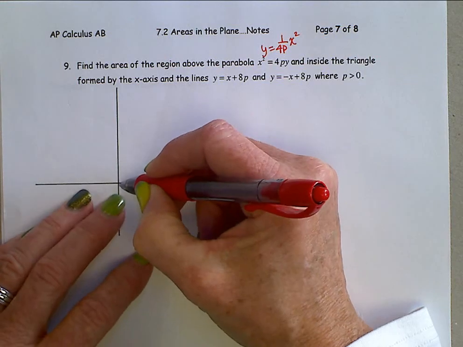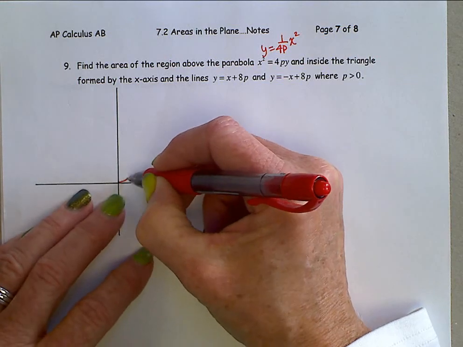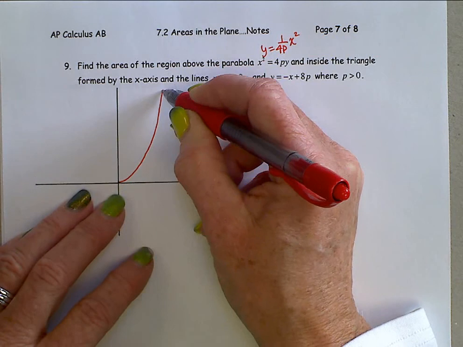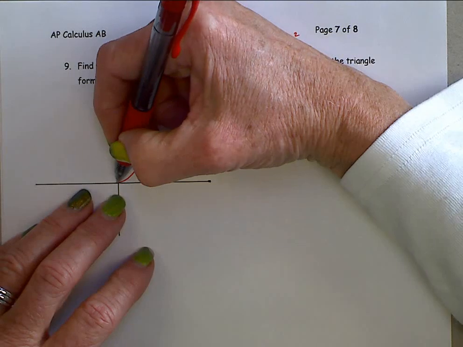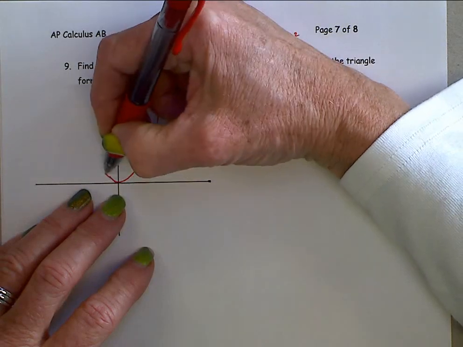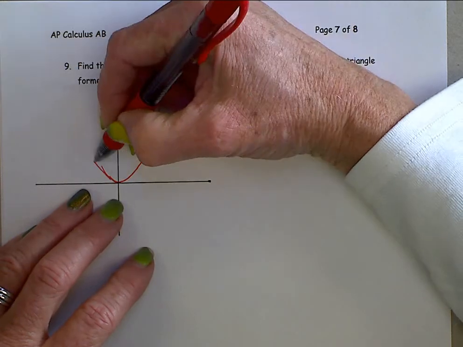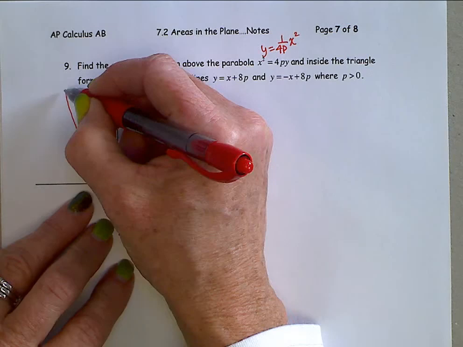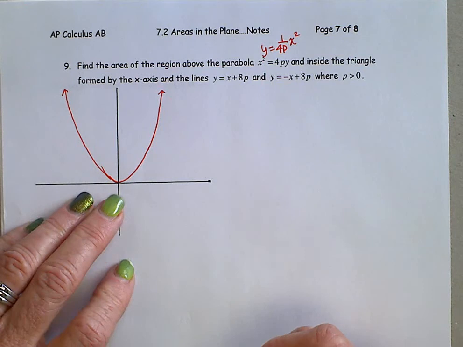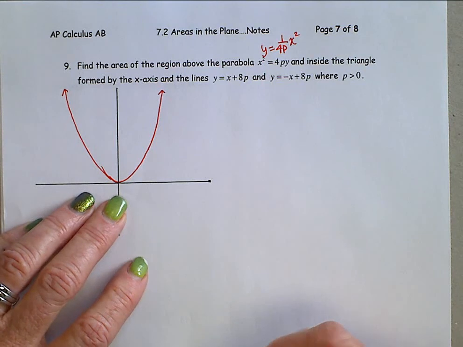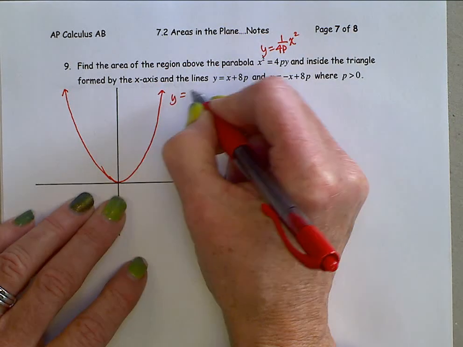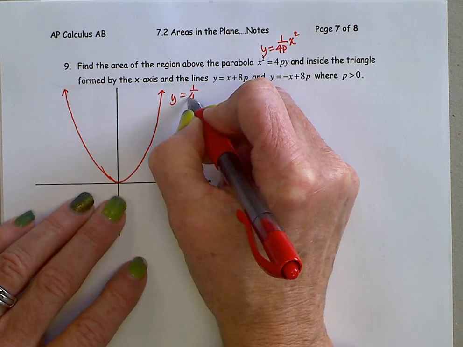Vertex is still at 0, 0. Let's sketch in y equals x squared, and then the 1 over 4p is just going to change how wide or how narrow this parabola is. So there's this one, y equals 1 over 4p times x squared.